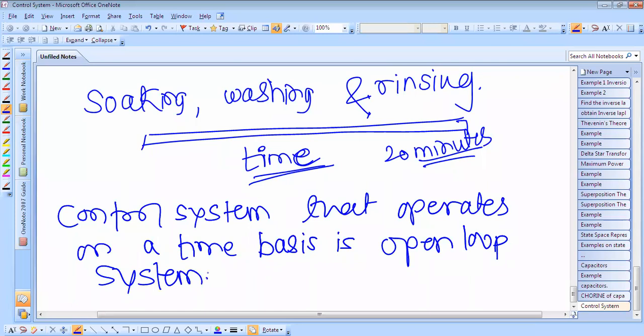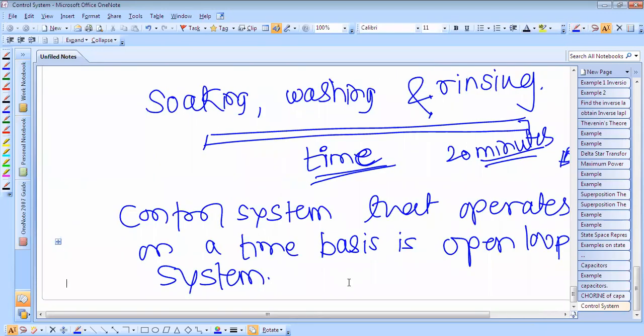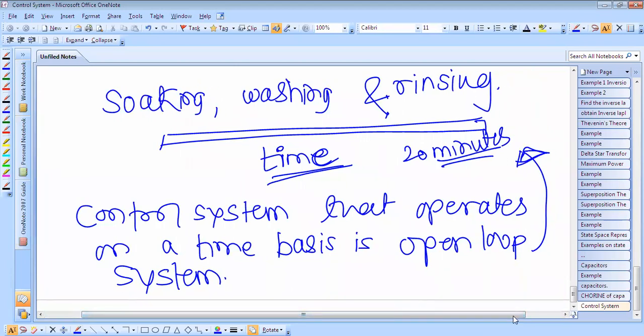So the control system that operates, the washing machine, is also operating on a time basis. For 20 minutes the machine will operate. Another example is street lighting, or it may be the traffic signal.